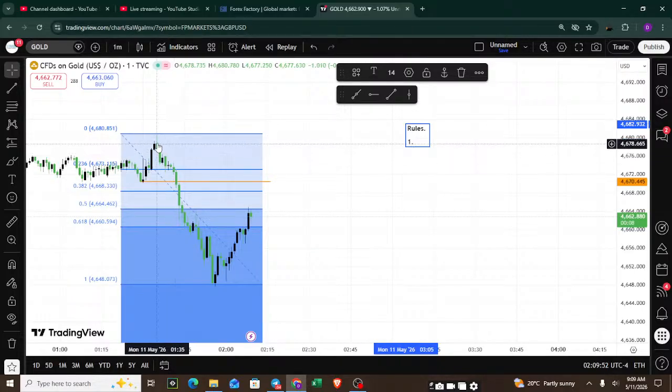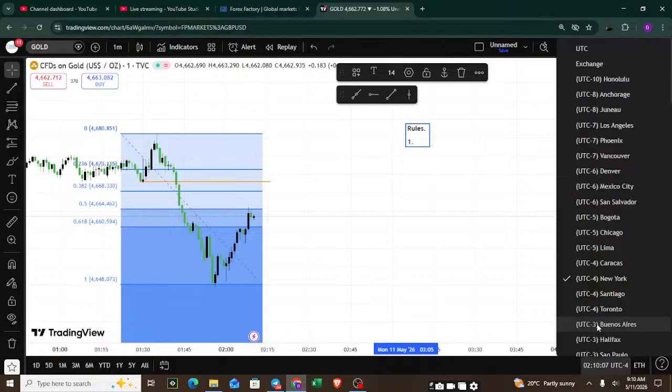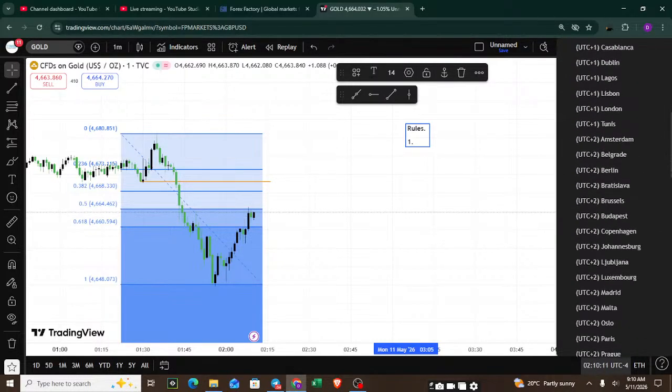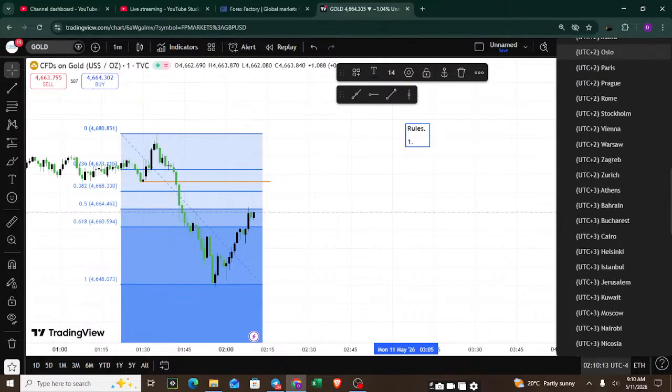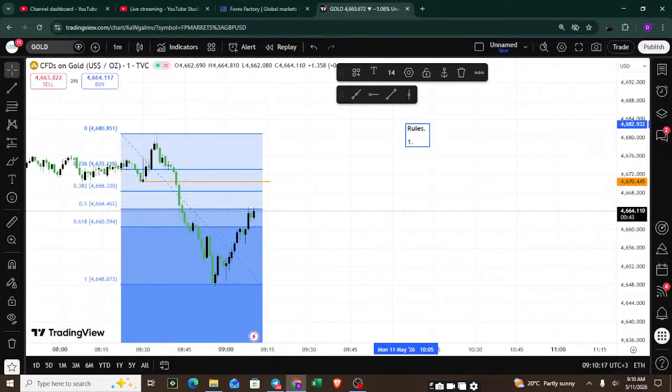Our structure is this simple structure which was formed from midnight today up to around, let me use Kenyan time, Nairobi.